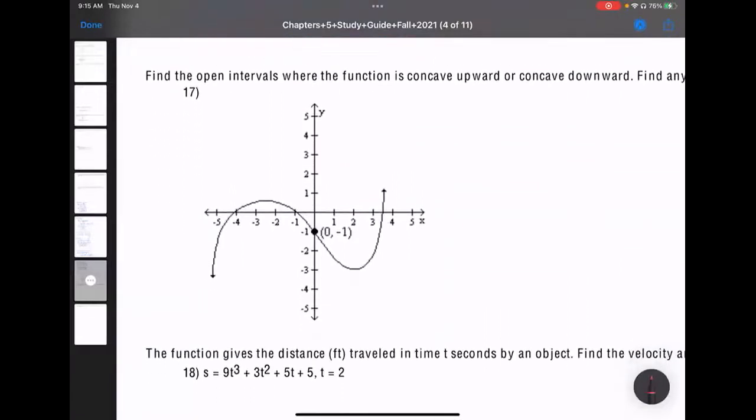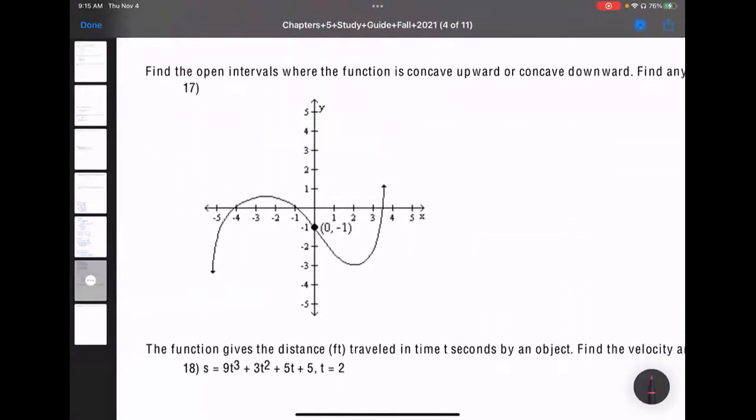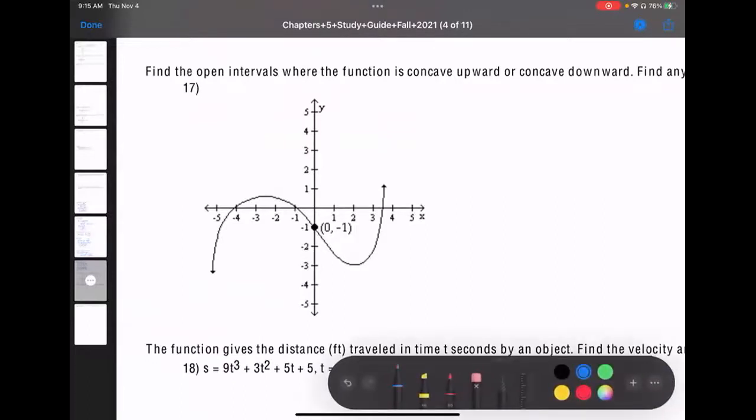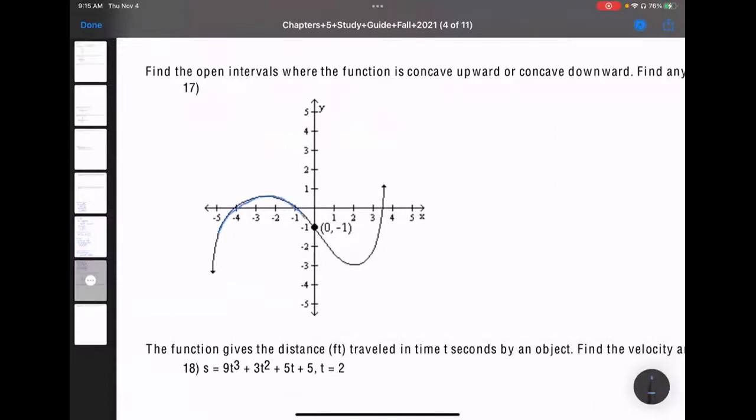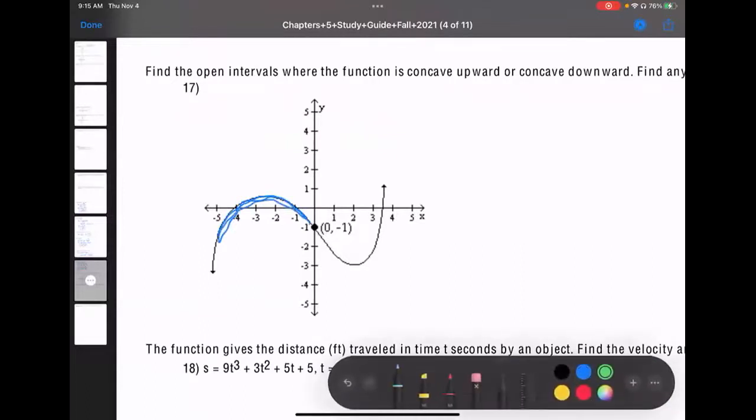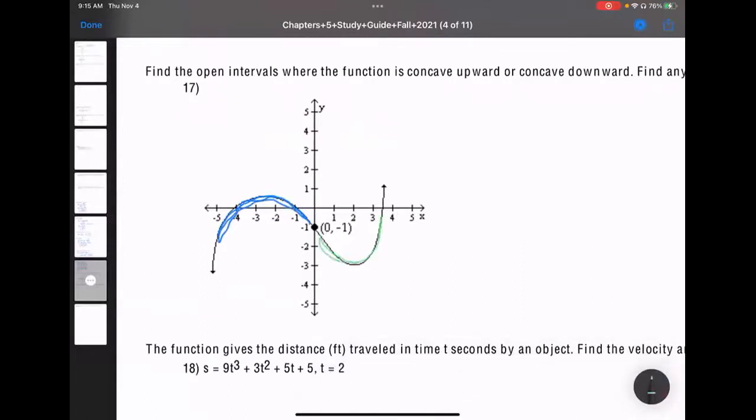Okay, moving on. Number 17. Find the open intervals where the domain of the function is concave upward or concave downward, and then find any inflection points. So right off the bat, we notice that this graph here has 2 curves, 1 and 2.